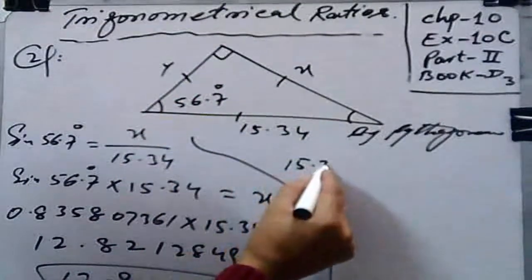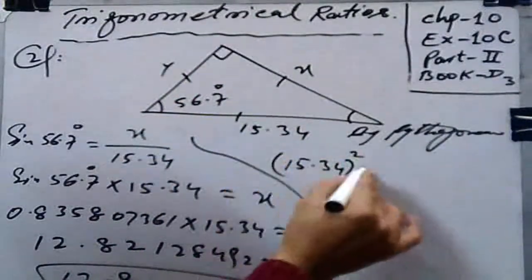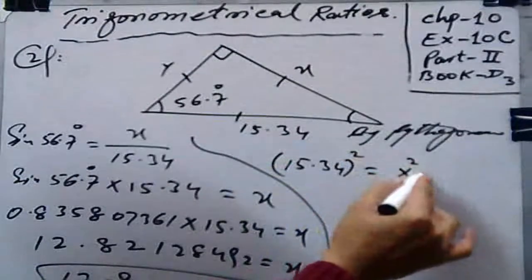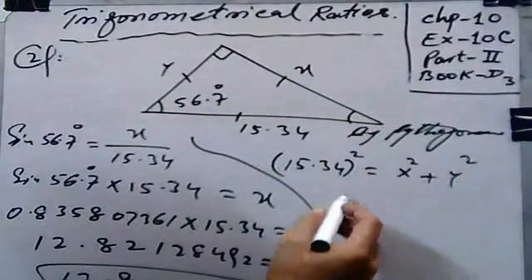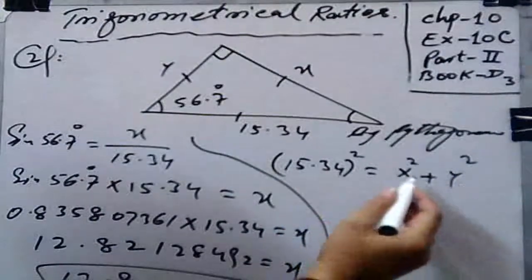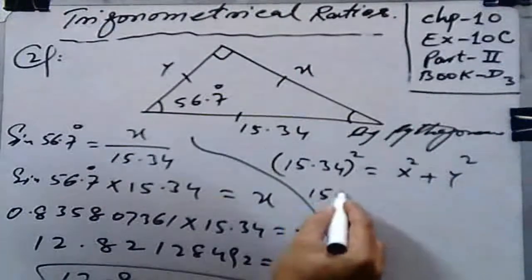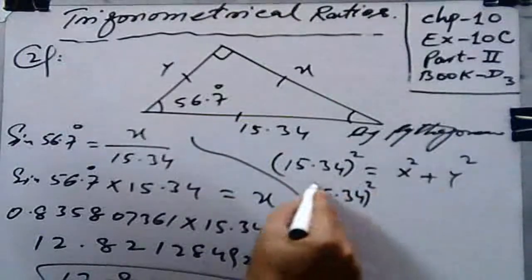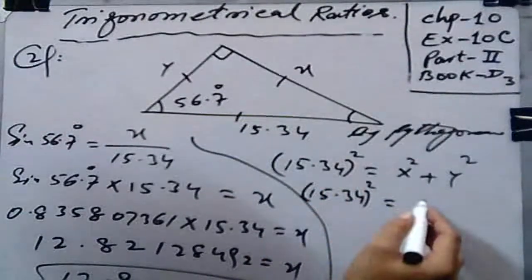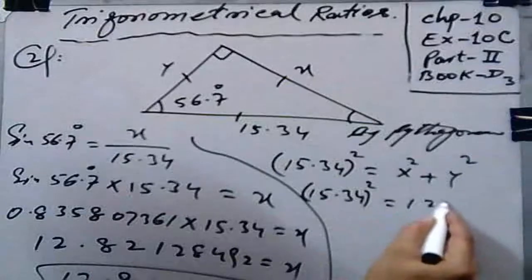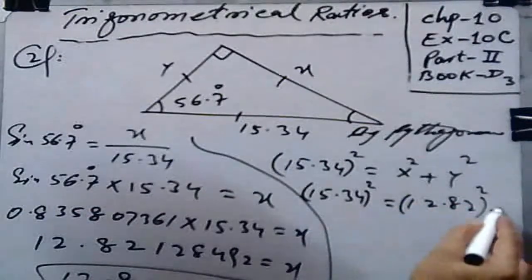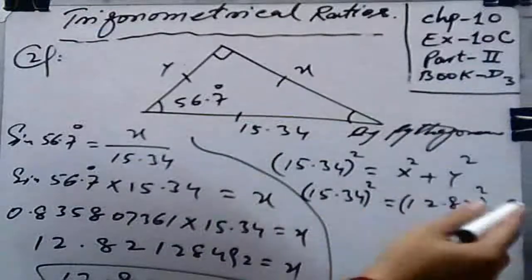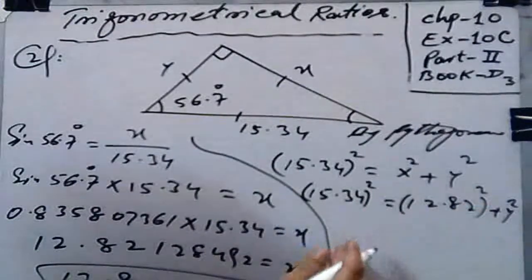So we know that hypotenuse square is equal to base square plus perpendicular square. So we need the value of y. So what is the value of x? Just we have calculated, the value of x is 12.82 square plus y square. So we need the value of y square, so shift here.